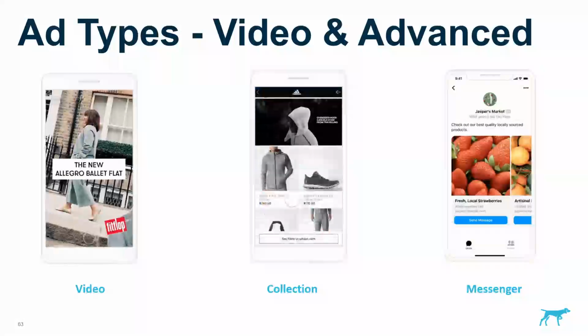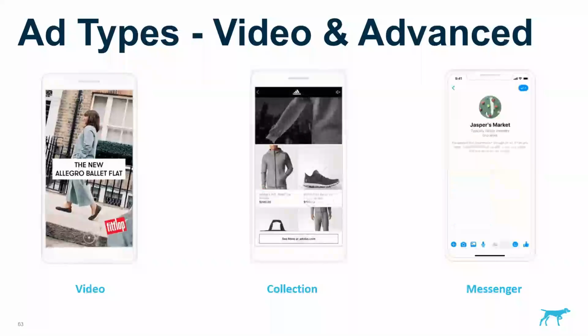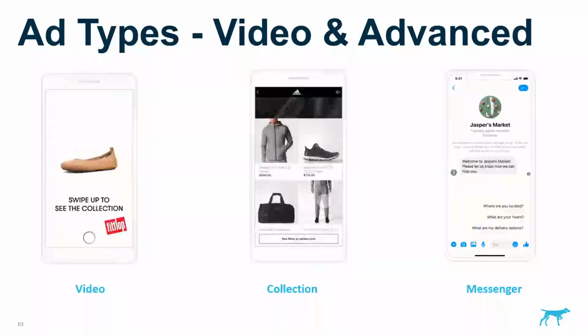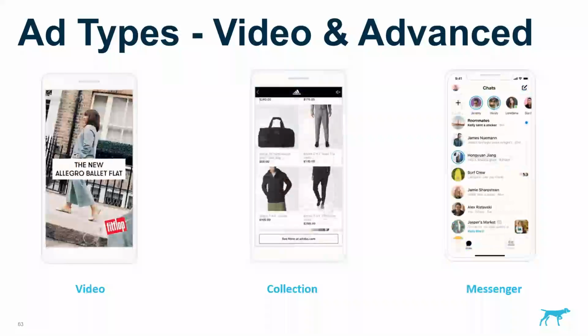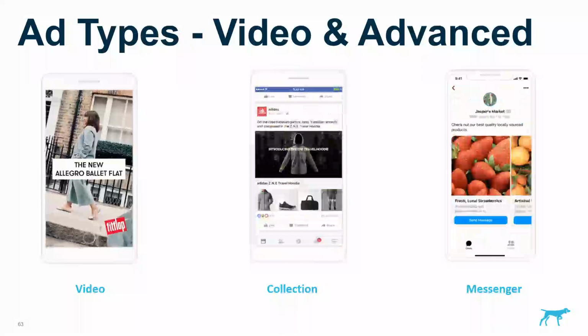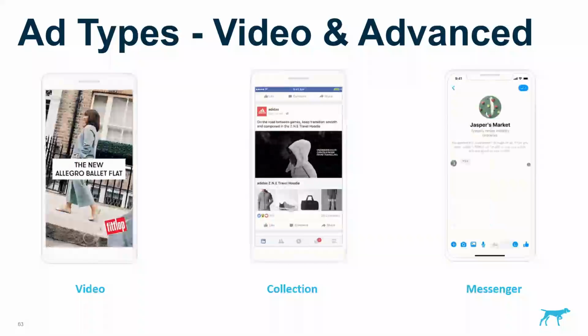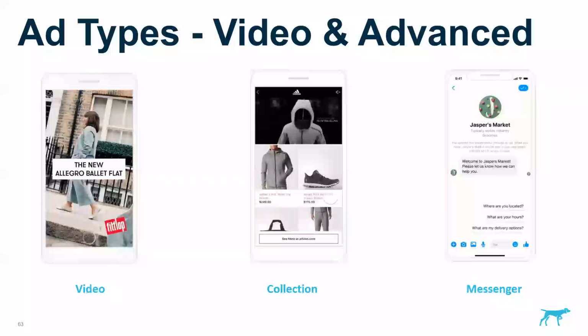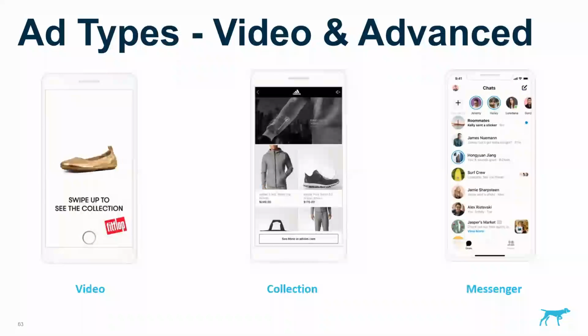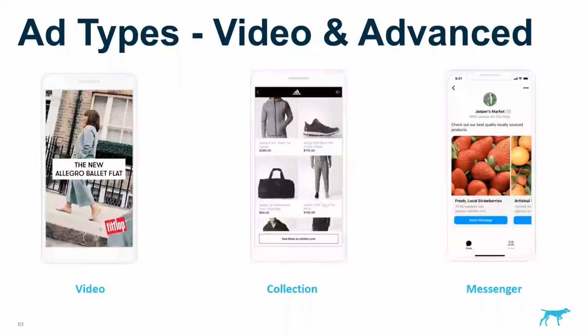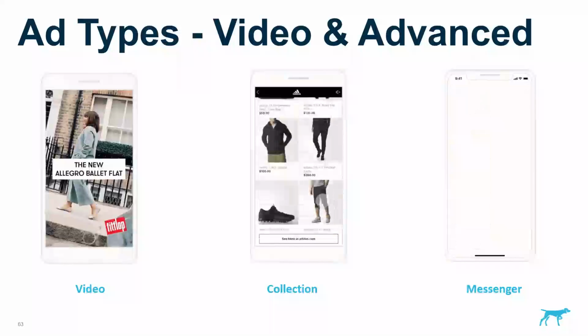In this ad, they've got a video already, and when the ad gets clicked on, it expands into an instant experience within the Facebook app itself, that allows you to scroll through a selection of products with prices and pictures, and then you can click directly through to the landing page to purchase.